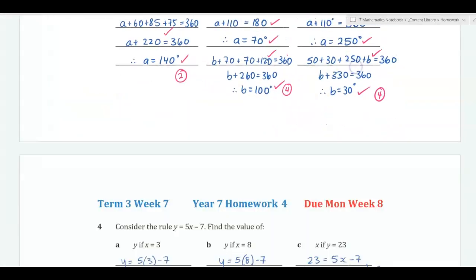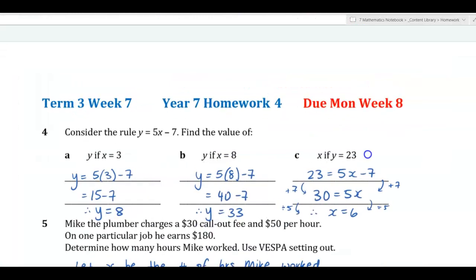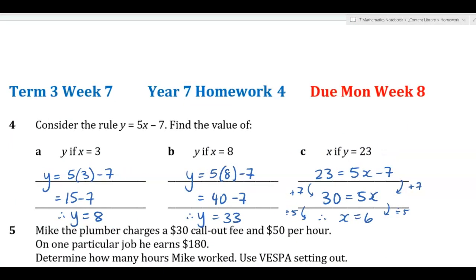Okay, page 2. Question 4 was substitution. So it says, tell me the value of y if x equals 3. So you substitute in x equals 3 and you get y equals 8. Okay, for B, you substitute in x equals 8 and you get y equals 33.